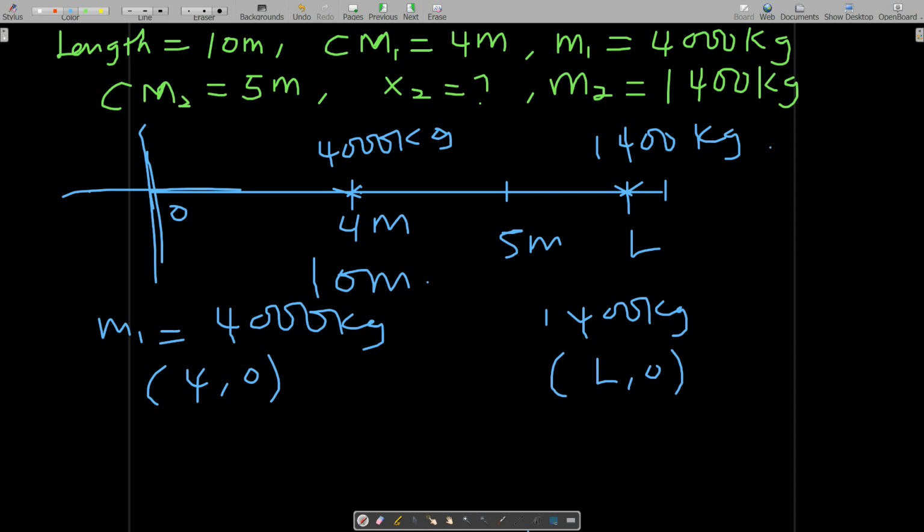But the center of mass is given as 5 meters. This becomes very simple because you know how to do center of mass. So let's erase the diagram and continue with our solution.